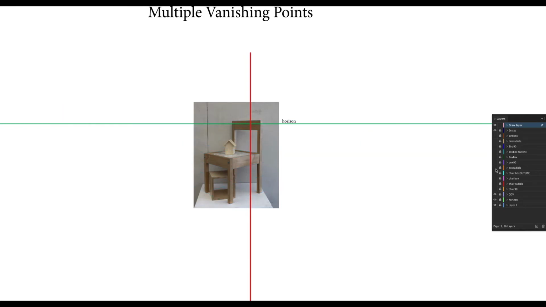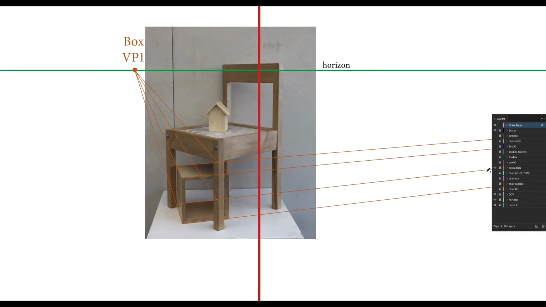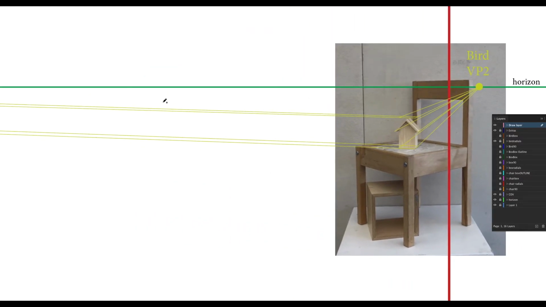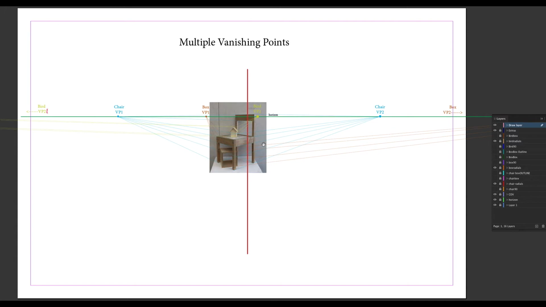We've got another set of vanishing points for the box, one of which just happens to be way out here. And a third set of vanishing points for that birdhouse, where one happens to be way out this way to the left. 3 objects: chair, box, birdhouse. 3 sets of vanishing points: chair vanishing points, box vanishing points, and birdhouse vanishing points.